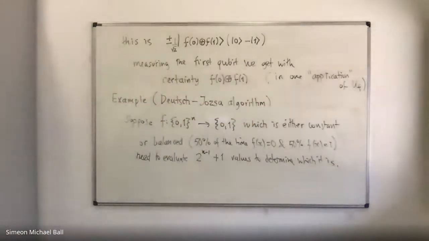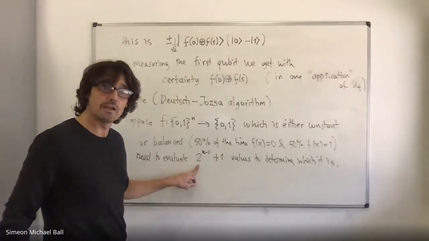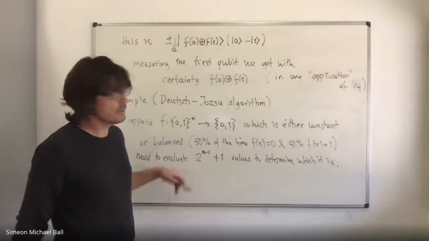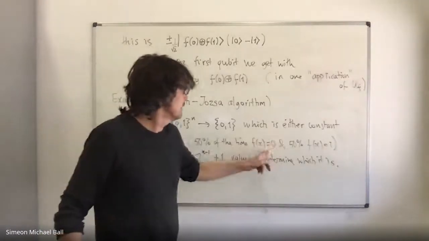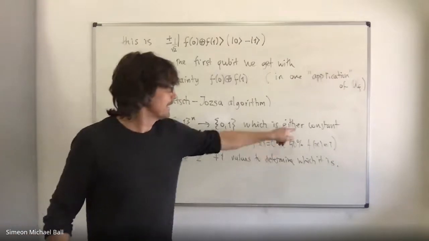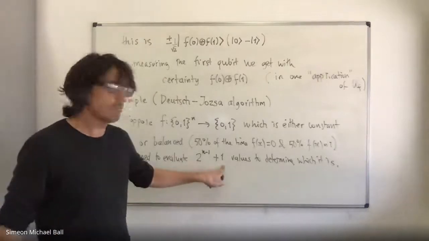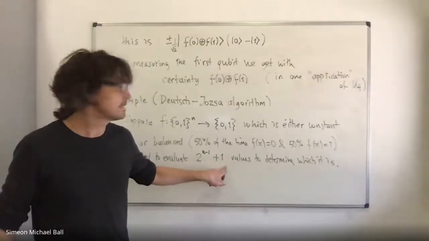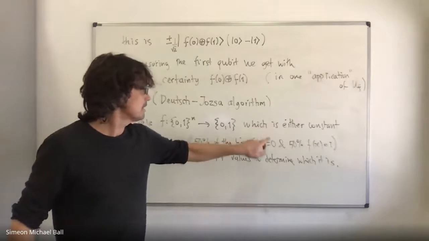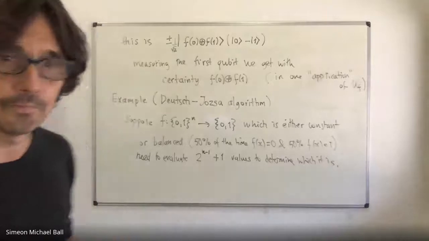To determine whether it's balanced or constant, you have to go through just over half the values, because up to half the values, if you've got 0 every time, it could in theory still be the balanced one, though unlikely. But to be sure, you have to do half of them, then plus 1, and then if you get 0 again, you know it's constant, and if you get 1, then you know it's balanced.